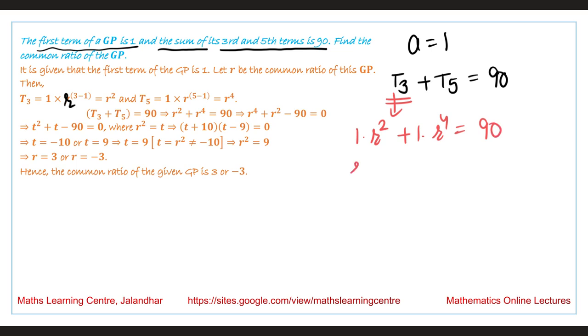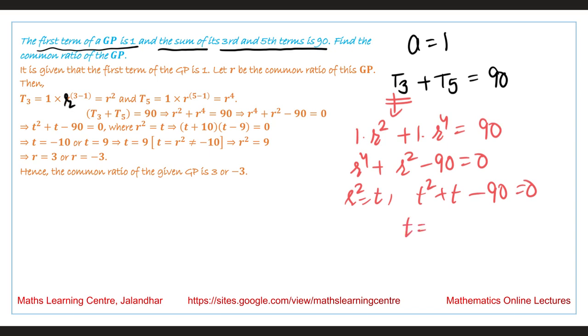So we get the equation r^4 plus r^2 minus 90 is equal to 0. If we substitute r^2 is equal to t, we have t^2 plus t minus 90 is equal to 0. On solving this, we obtain t is minus 10 and 9.